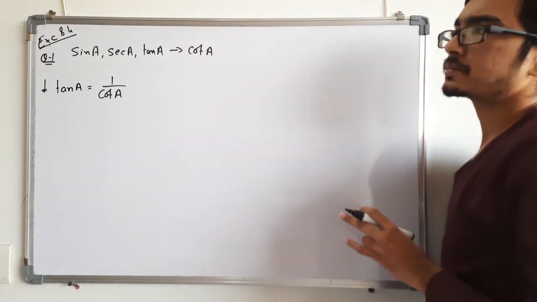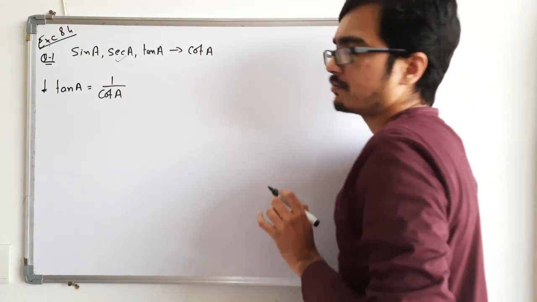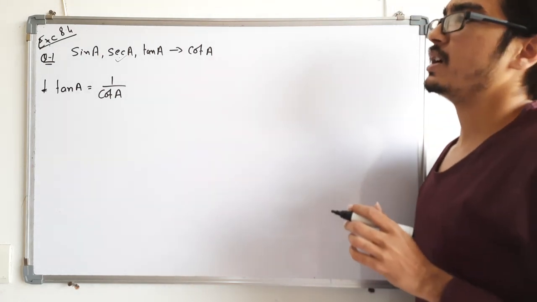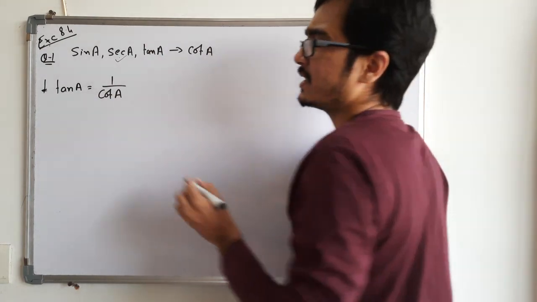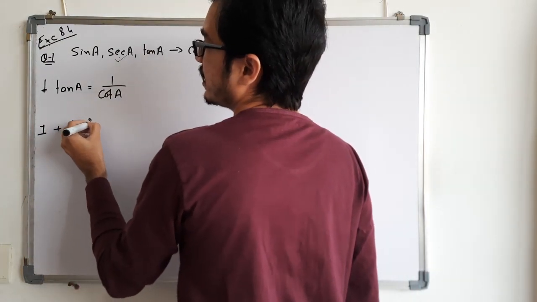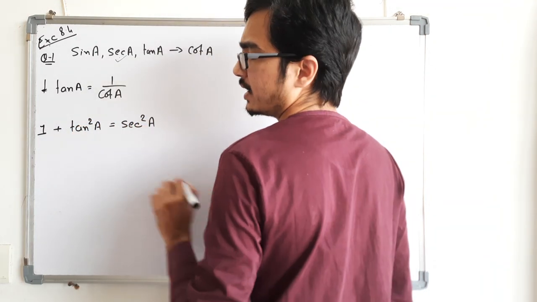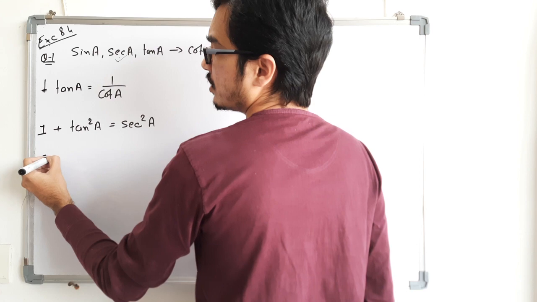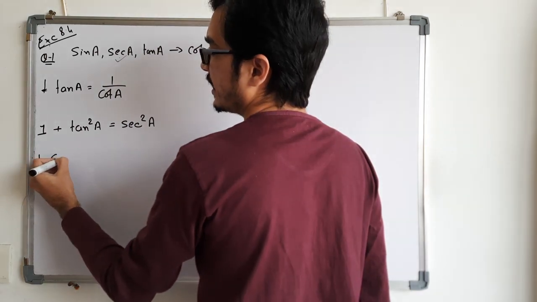Now it is the turn of sec A. Easily we can relate sec and tan by the identity 1 plus tan square A is equal to sec square A. So we can present sec in the form of cot very easily.